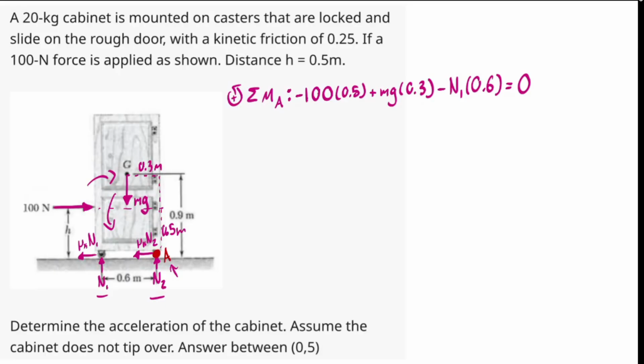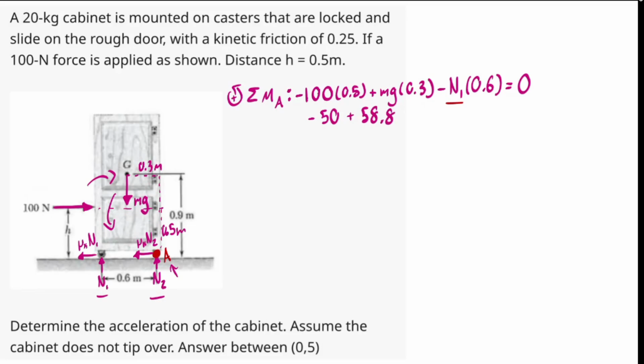So when we do this, we're going to want to firstly solve for N1, right? Because that's our only unknown variable here. So let's do that first. So let's see what these values are. This 100 is going to be negative 50, right, from this term. The gravity is going to be, let's see, 20 is the weight times 9.8 times 0.3. That's going to be 58.8.